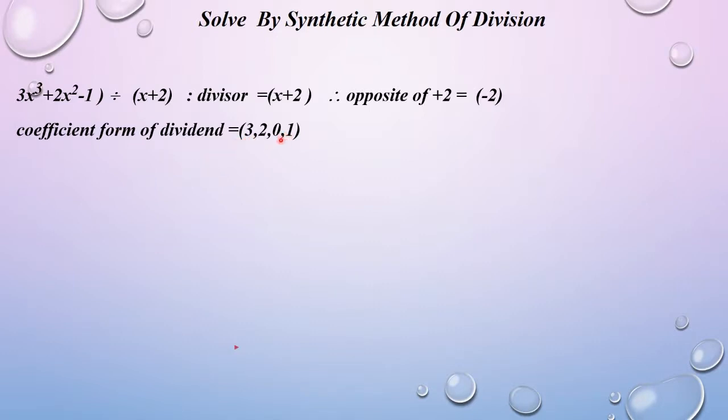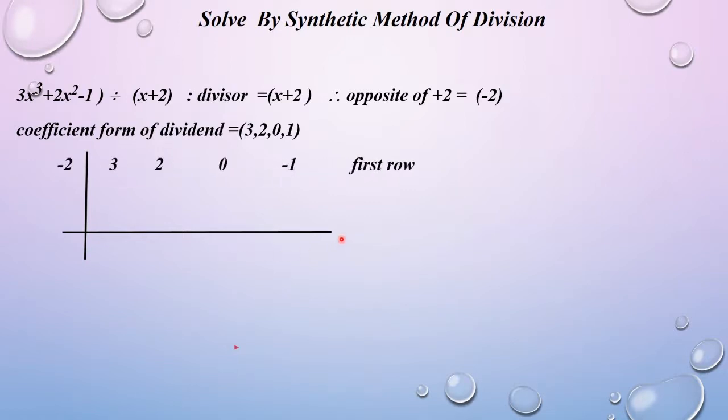We have taken 0 for the power x raised to power 1. Now we have to make two lines, one vertical and one horizontal. In the first row, we write the coefficient form of the dividend inside, and outside the line we write the opposite of the divisor, that is minus 2.